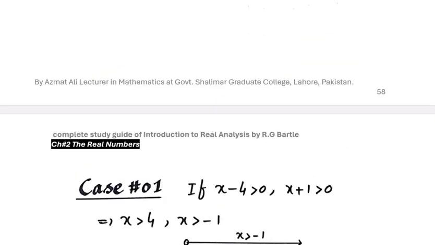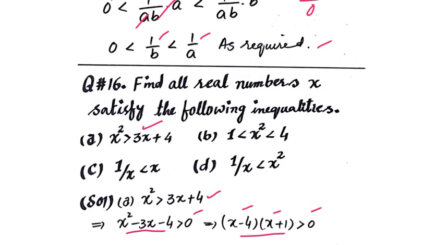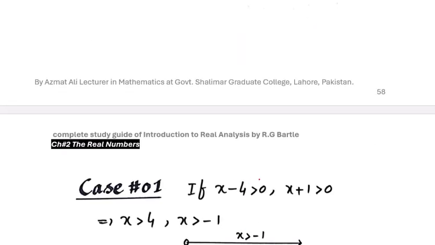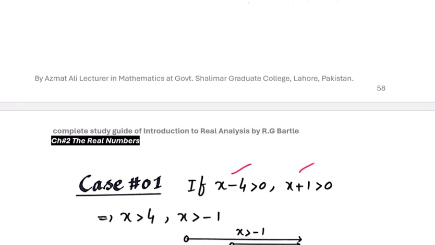So now we have two cases. As this product is positive, there are two cases. You know that if the product AB is greater than 0, this is possible if both A and B are greater than 0 or both A and B are less than 0. So the first case, if both are positive, that is x minus 4 is positive and x plus 1 both are positive.